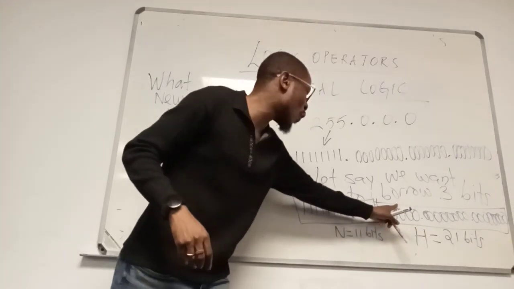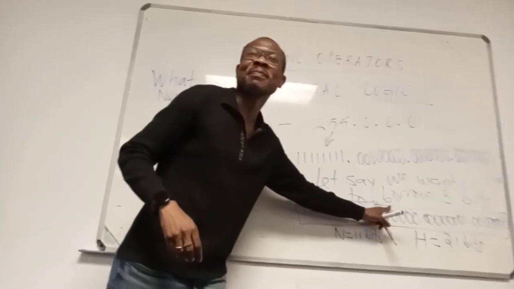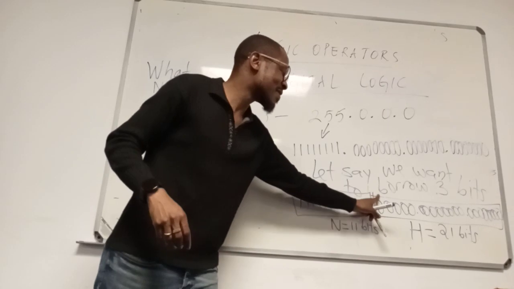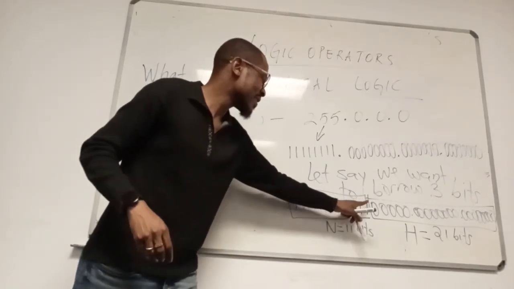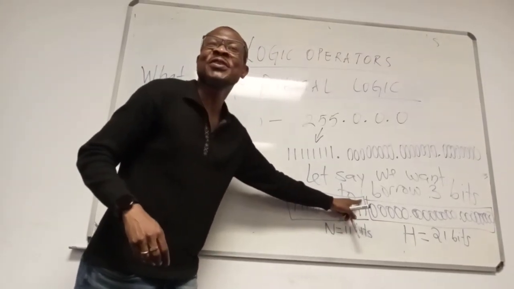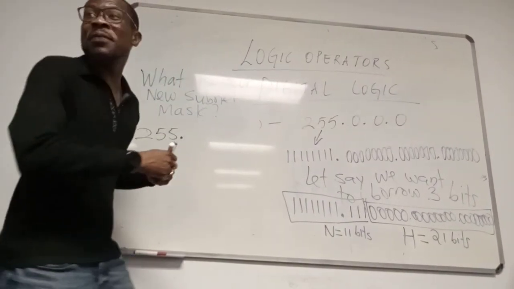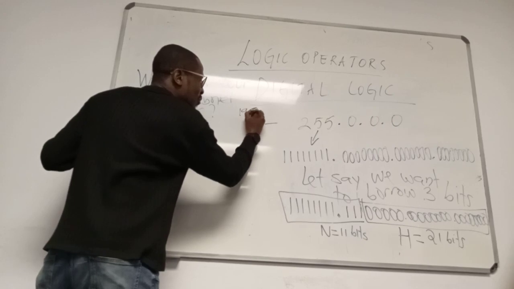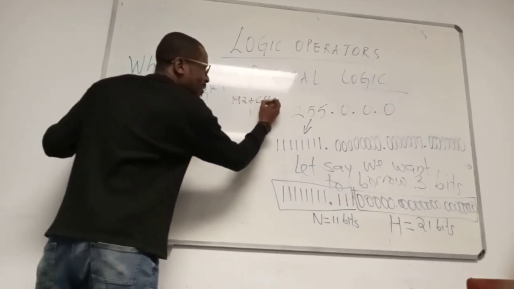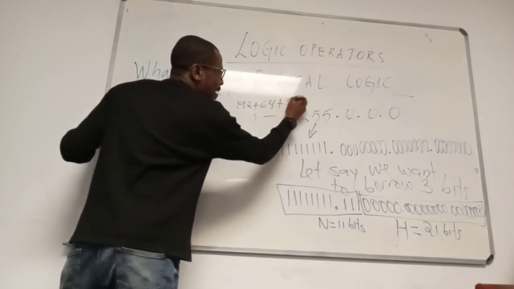1, 2, 4, 8, 16, 32, 64, and 128, right? So 3 bits is this. It's 128 plus 64 plus 32.